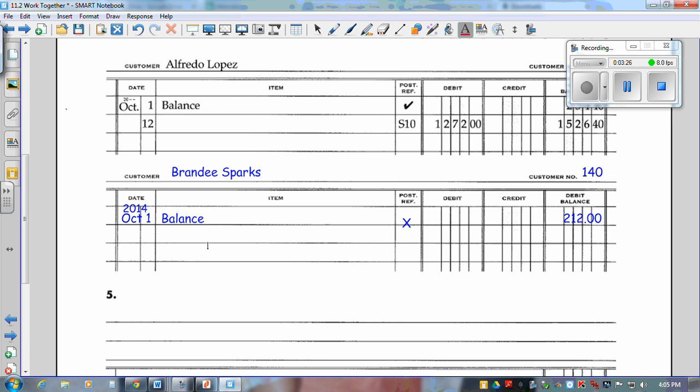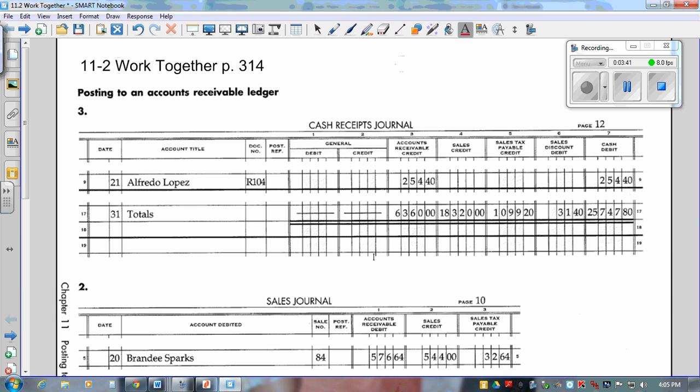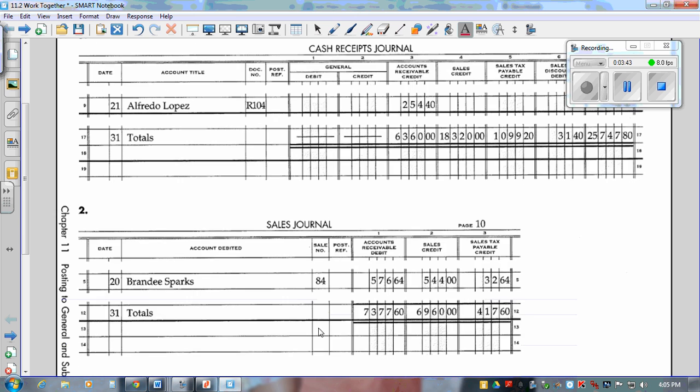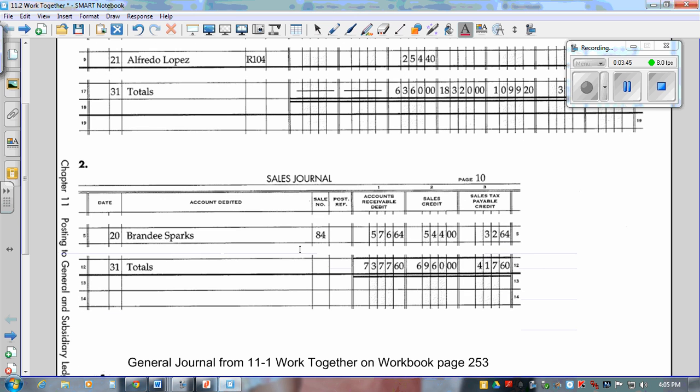Number 2, we're going to post the accounts receivable debit entry on line 5 of the sales journal to the accounts receivable account for Brandy Sparks. So we're going to go to the sales journal. Here is my sales journal. Here's the entry for Brandy Sparks. We are going to post this accounts receivable debit into her ledger.